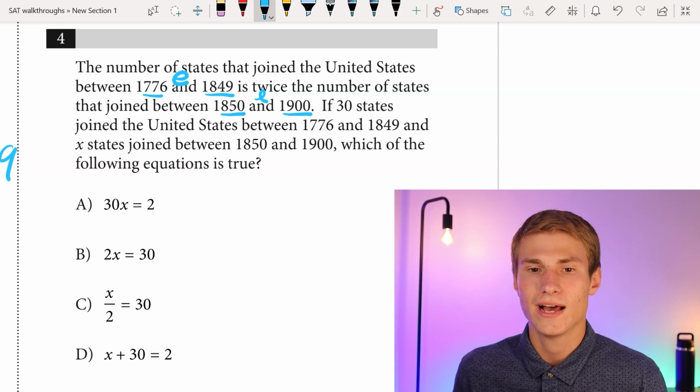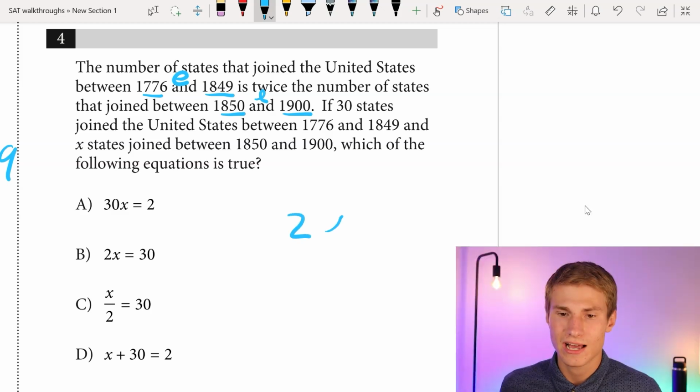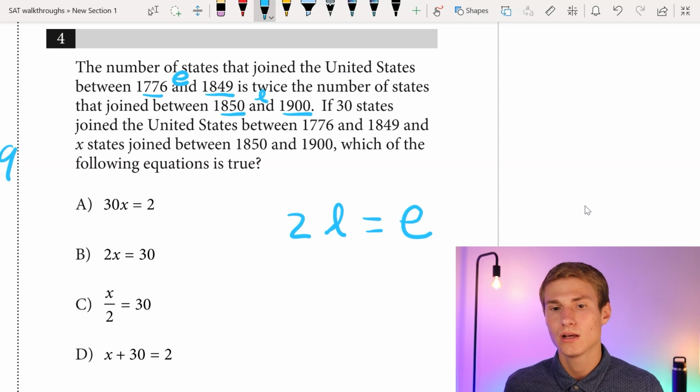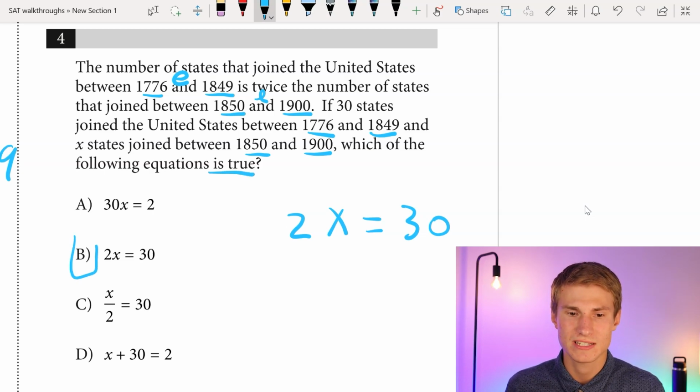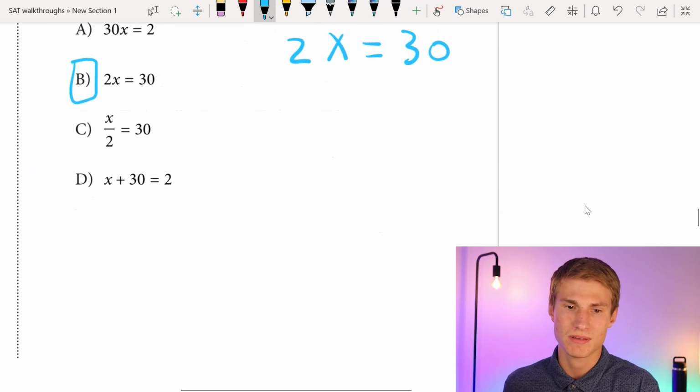So we know that 2 times the later time period of 1850 to 1900 is going to equal the number of states that joined in our earlier time period E. Next, if 30 states joined the United States between 1776 and 1849, which is that earlier time period, so we can go ahead and plug in 30 there, and X states joined between 1850 and 1900, so now we're plugging in X for L because they're giving us that variable. Which of the following equations is true? Well, now we can go ahead and find which equation matches ours, and we see that that's equation B, so our answer there will be B.